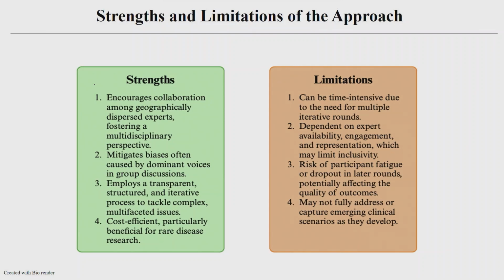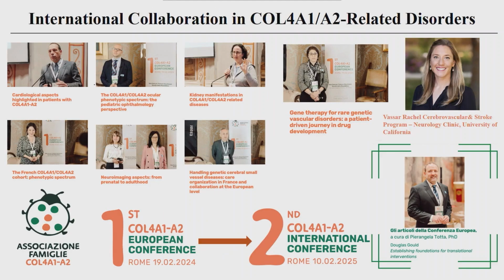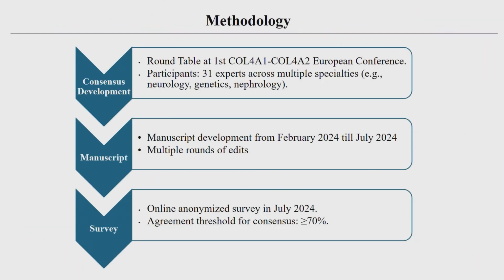So this first round of consensus will need to be followed with more rounds as clinical guidelines and management are developing. This, of course, would not have been possible without our international collaborators and our amazing Associazione, Simona and Francesca, because they brought us all together here last year. Our consensus development started last year at the round table of the first international conference.